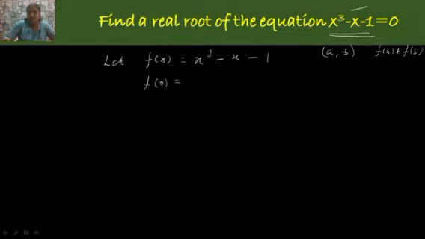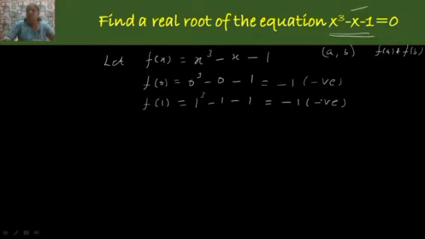Substitute the value 0 for x, that is 0 cube minus 0 minus 1. That is minus 1, this is a negative value, isn't it? Next, substitute the value 1. If I substitute 1 for x, that is 1 cube minus 1 minus 1. Simplifying this, you get 1 minus 2, that is again negative.